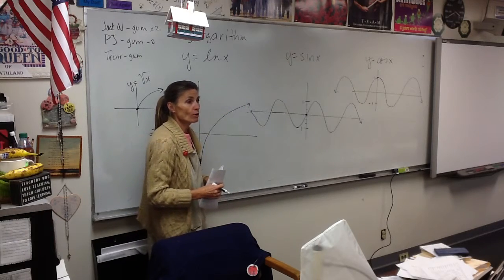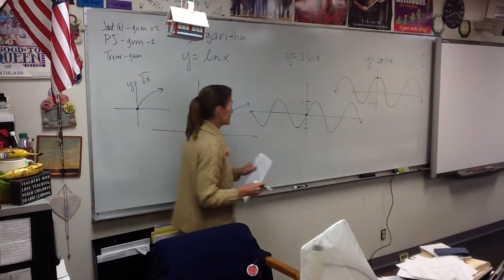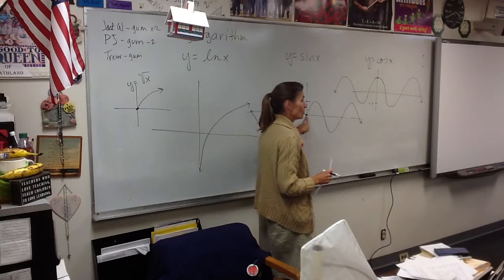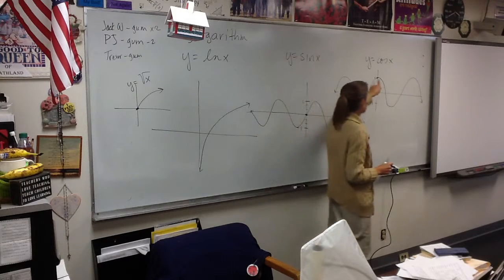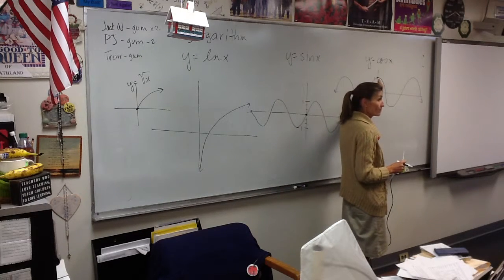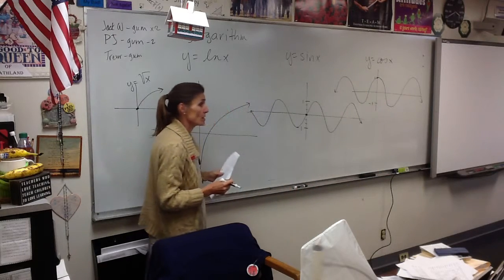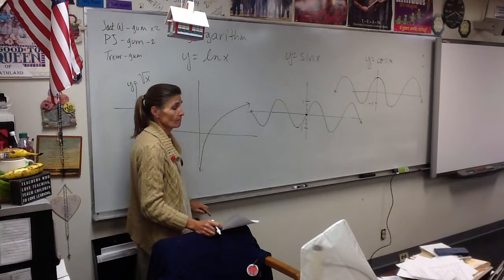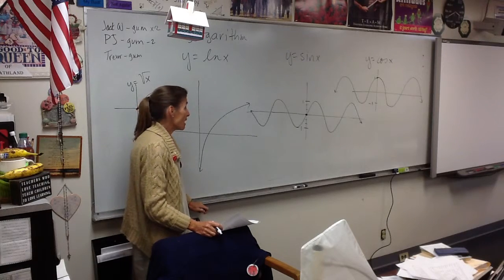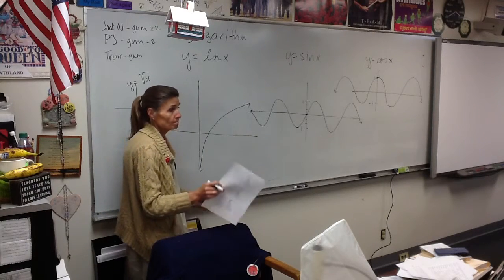I will mark it wrong if your sine is not going through the origin and if your cosine is not going through 1. Make sure as you're studying that you're keeping those two straight. That's your sine and your cosine.